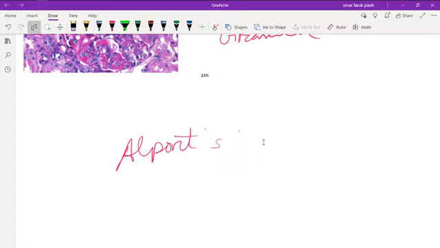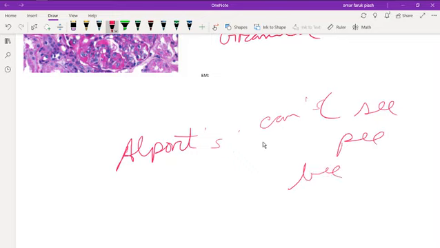Can't pee is glomerulonephritis, and can't hear a bee is sensorineural hearing loss.